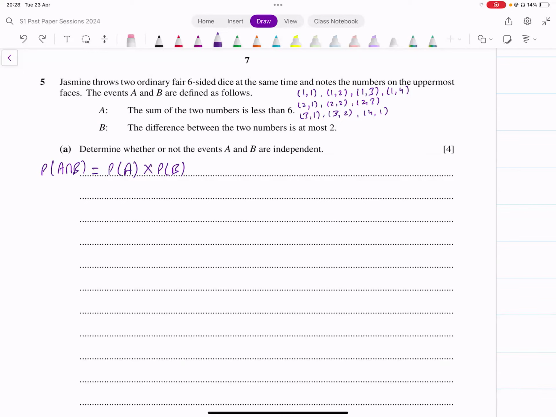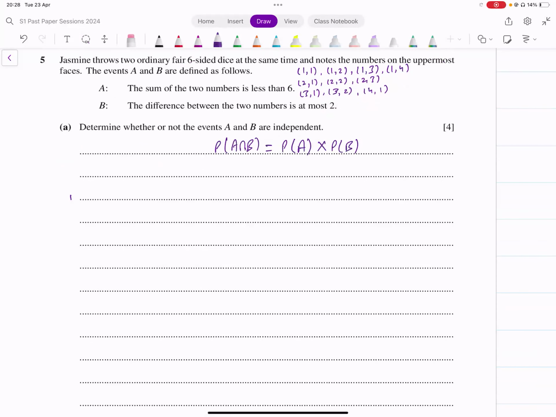Since we're throwing 2 fair dice, the total number of possible outcomes is 36. The outcomes that satisfy this condition number 10. So the probability of A is 10 out of 36.